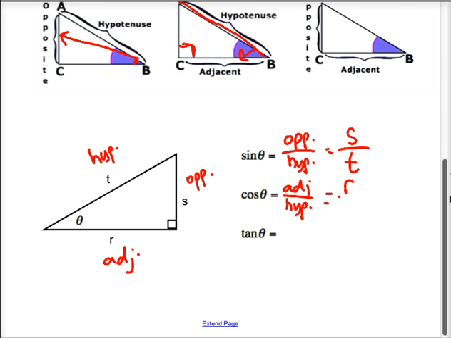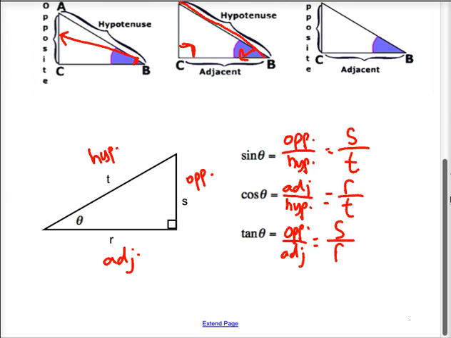Adjacent is R, the hypotenuse is still T. So the cosine of that theta is R divided by T. Tangent, TOA. We're talking about opposite over adjacent. Opposite is S, adjacent is R.